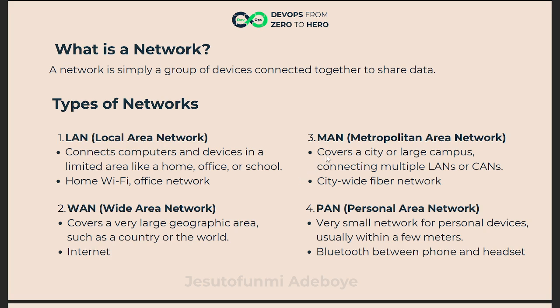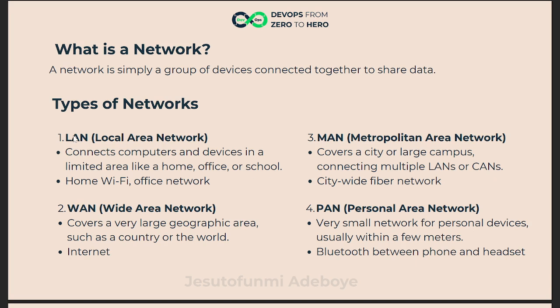The next one is MAN, that is Metropolitan Area Network. A Metropolitan Area Network covers a city, right? It covers a city or a large campus, connecting multiple LANs and CANs.